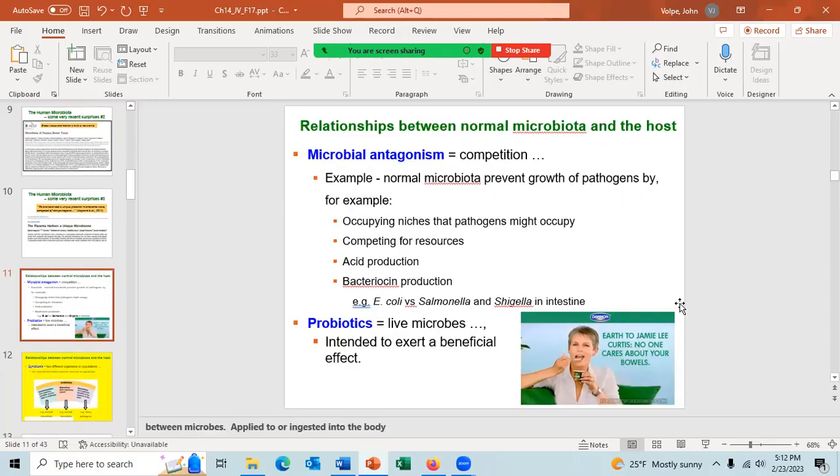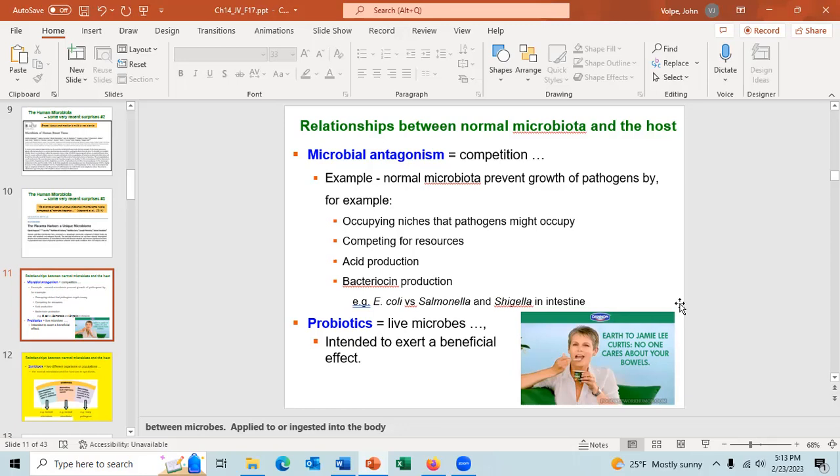All right, the relationship between the normal microbiota and the host is one of microbial antagonism, and that is the two can compete with each other. And that is good. Excuse me, the host and the normal microbiota do not compete with each other. The normal microbiota and human pathogens can compete with each other. And that is good because we do not want human pathogens growing on us.